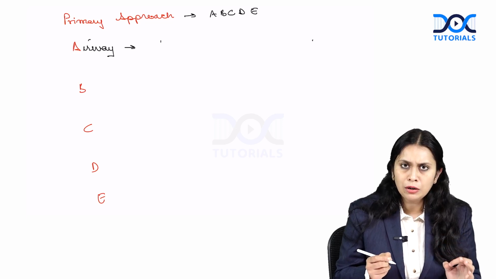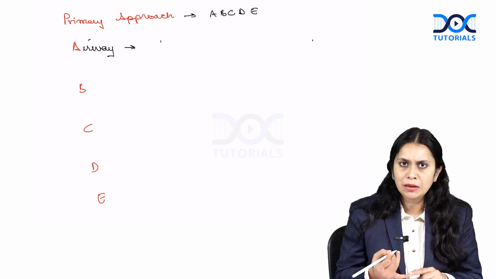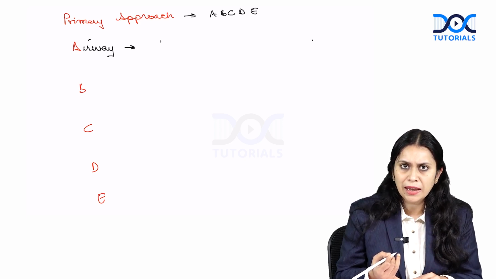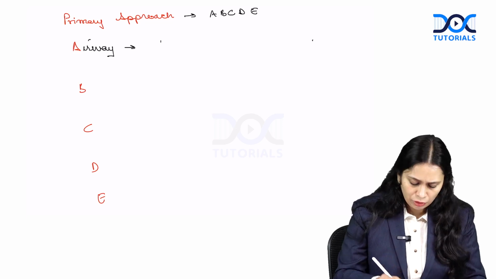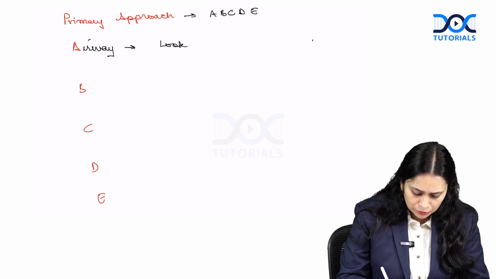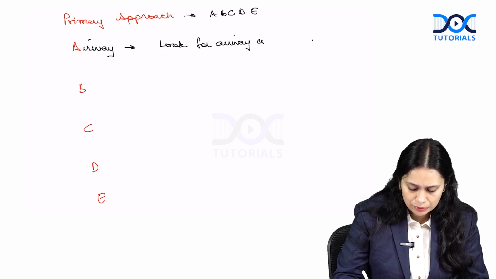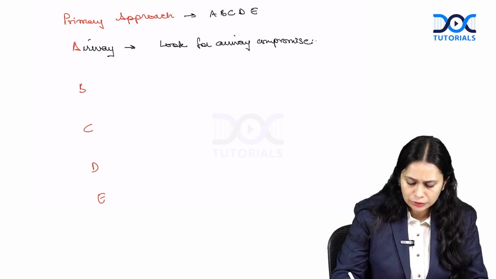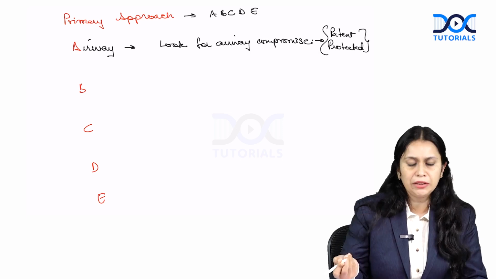We look for any sound coming from the airway, or whether he is unable to maintain his airway. We have to focus on two things: whether the airway is patent or not, and whether the airway is protected or not. If anything is compromised, we intervene.